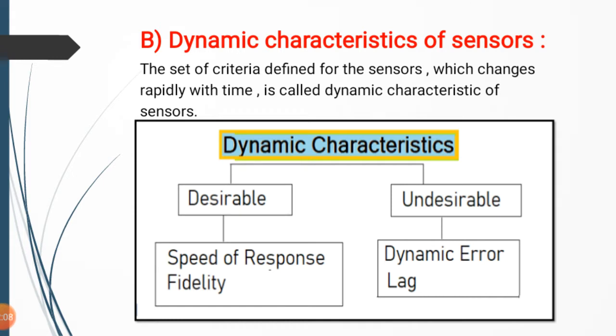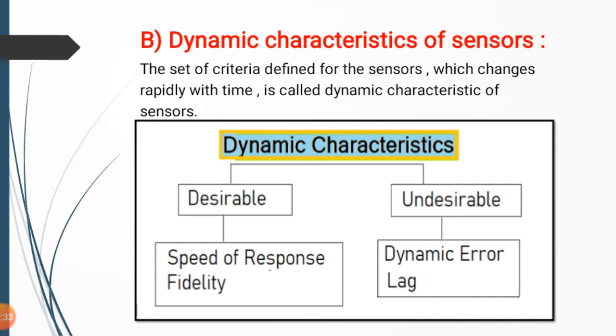So these characteristics of the sensor are known as the dynamic characteristics of the sensor. Generally there are two types: first is the desirable and second one is the undesirable. In desirable there are two parameters: first is the speed of response and second is the fidelity. These are the two parameters under the desirable dynamic characteristics. The second one is the undesirable dynamic characteristics.